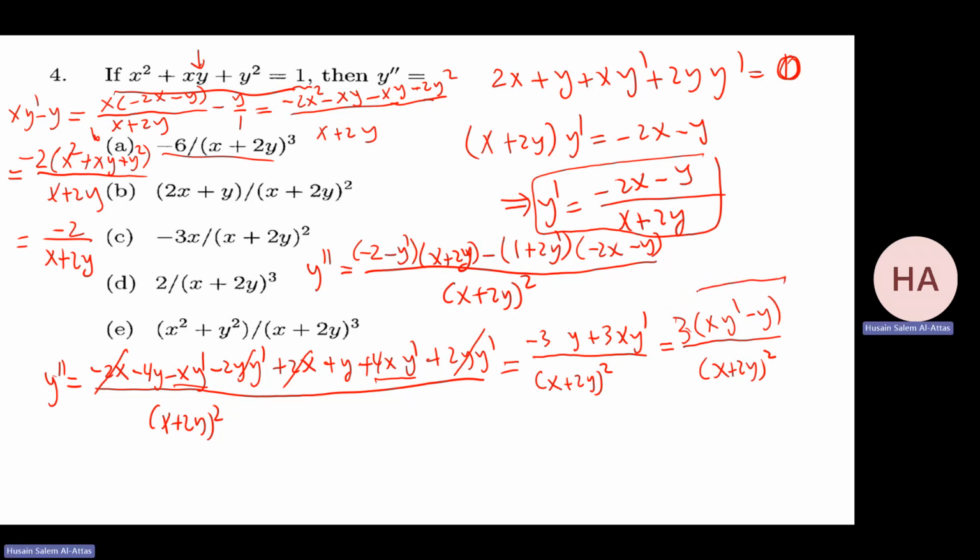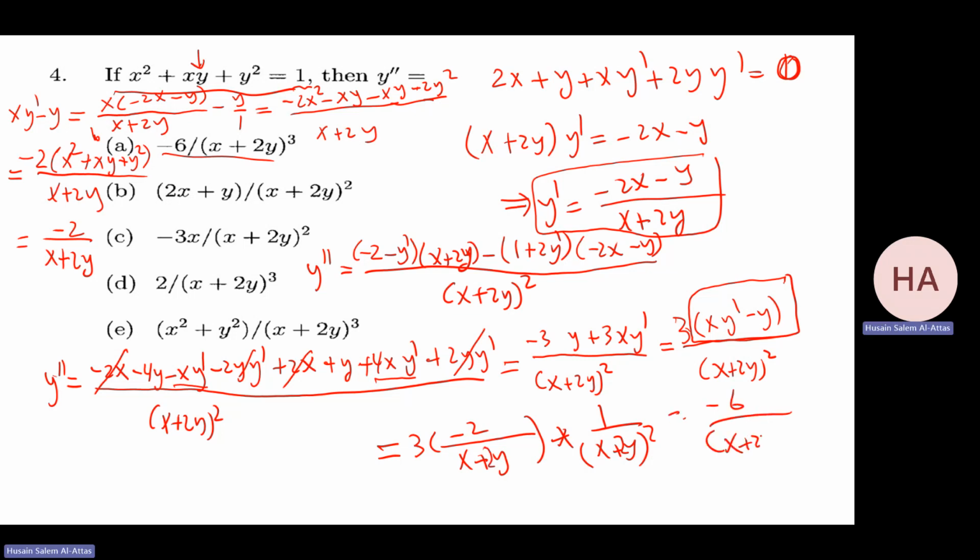It's a matter of calculation. So that will be 3 times minus 2 over x plus 2y times 1 over x plus 2y, all squared, is x plus 2y. So that will give me minus 6 over x plus 2y cubed.